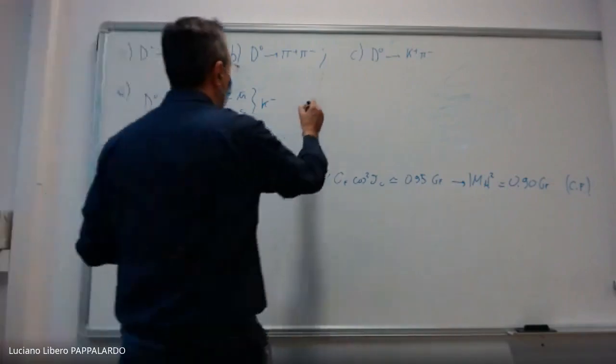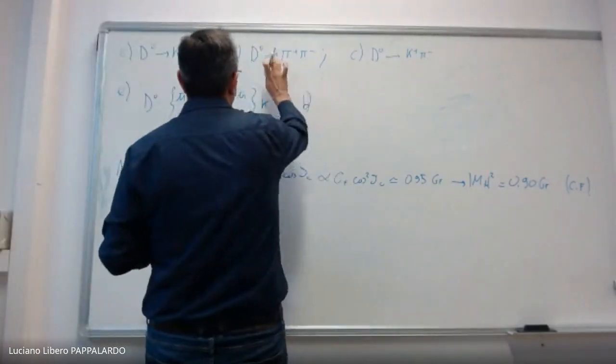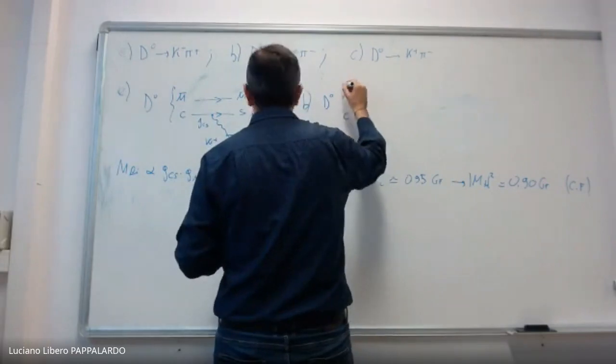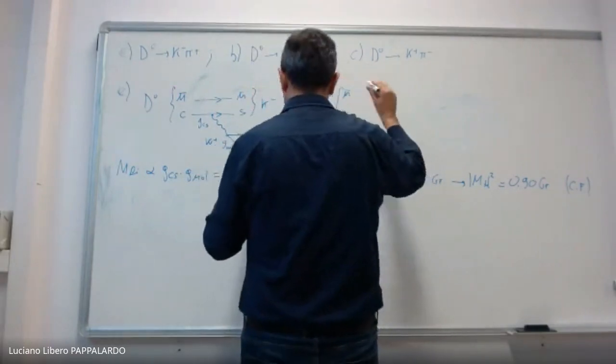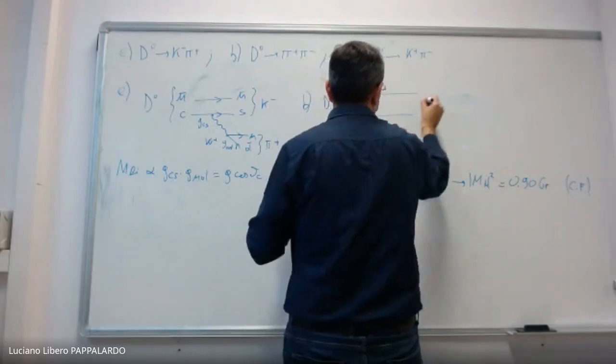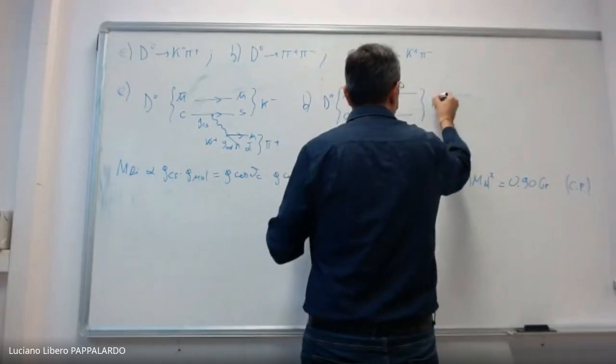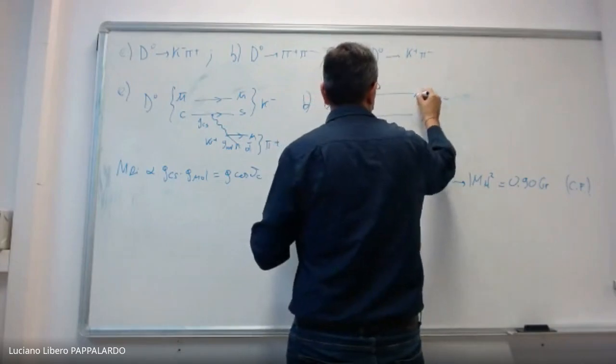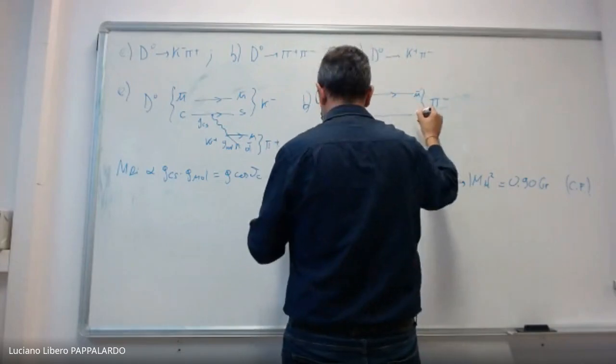Now the second one. Now this goes into two pions. So this is u-bar into u-bar, and this goes into c.